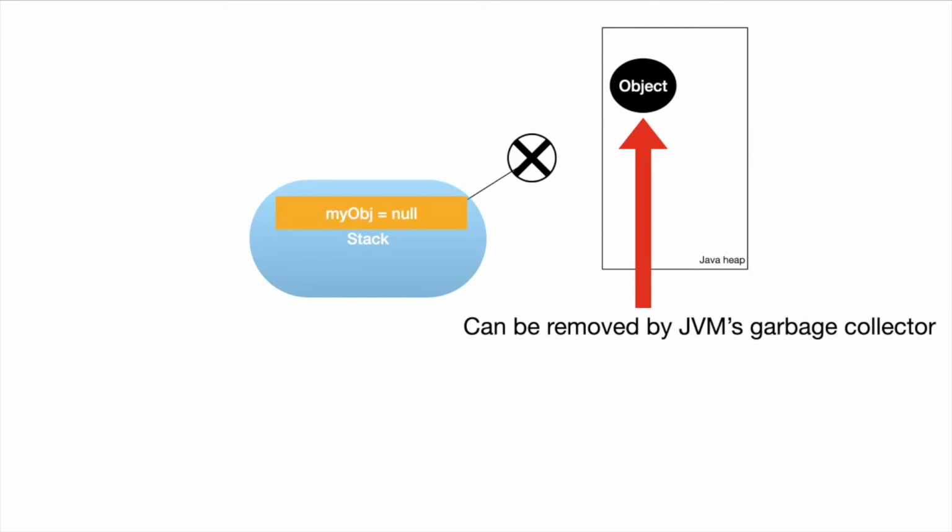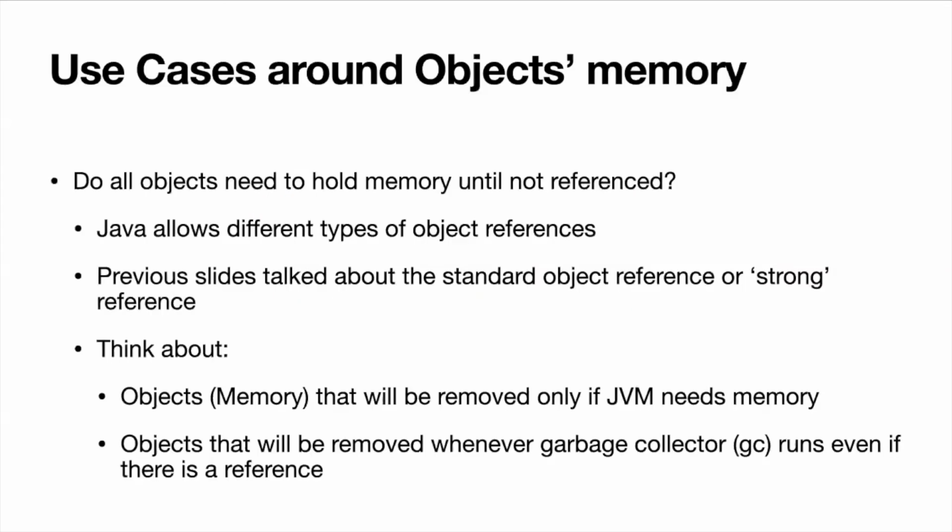So I think this is a good time to stop, and I'll carry on in our next video. We'll talk more around the other types of object references. But before I wrap up, why is it so important to understand object references?